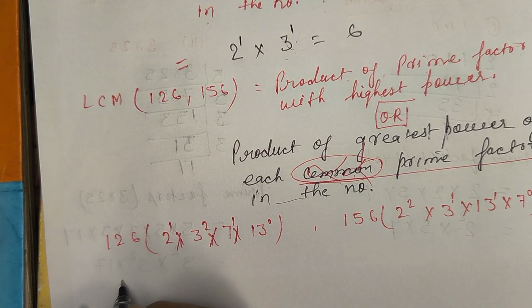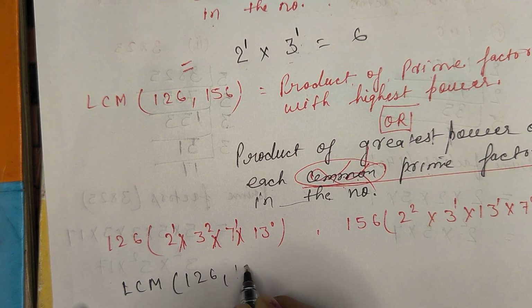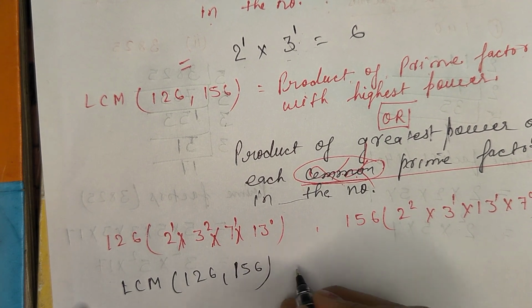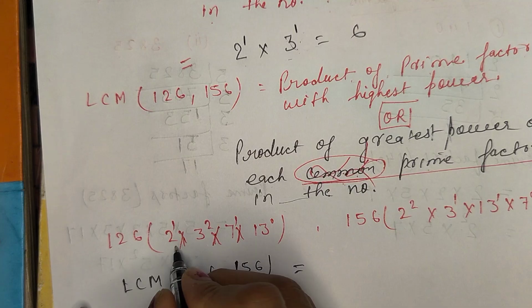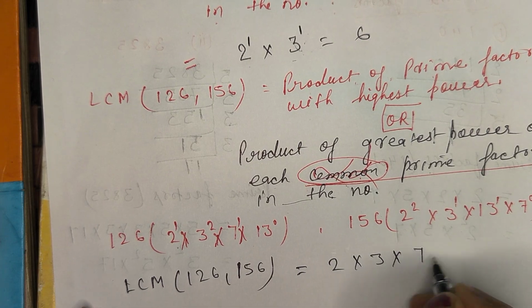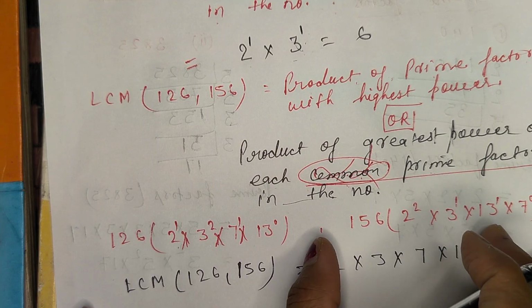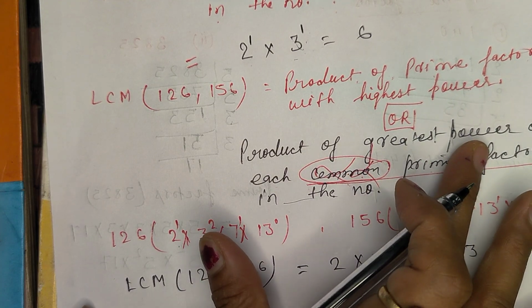We know that LCM of 126 and 156 equals: first we take all the prime factors 2, 3, 7 and 13. These are the prime factors in both numbers, and we take the greatest power.